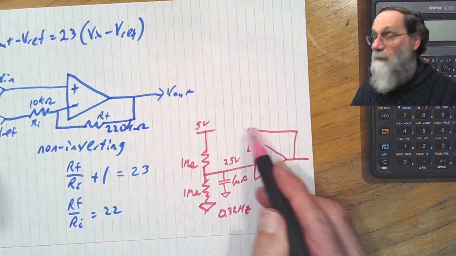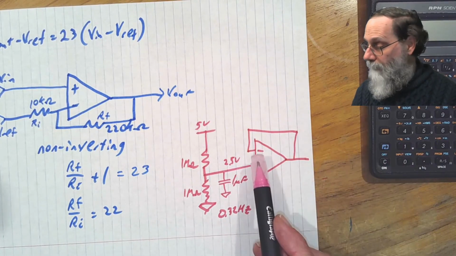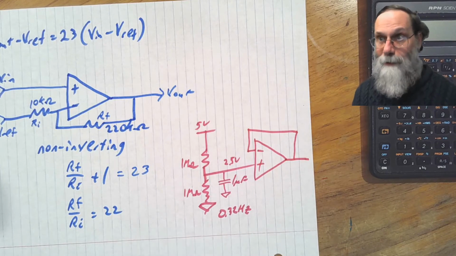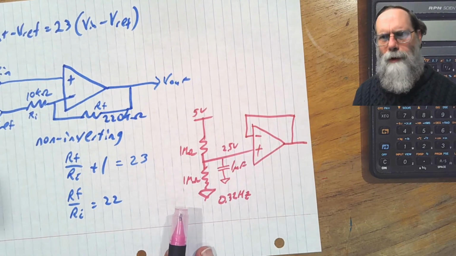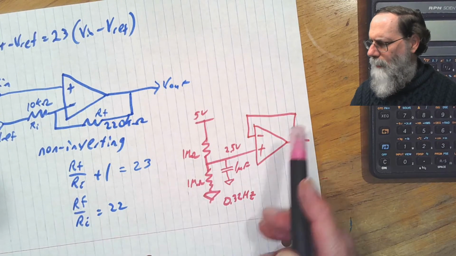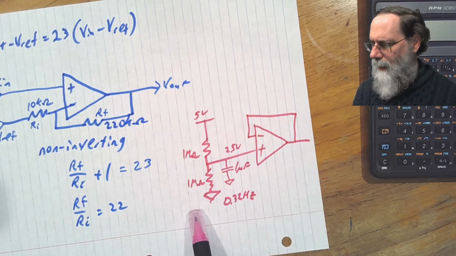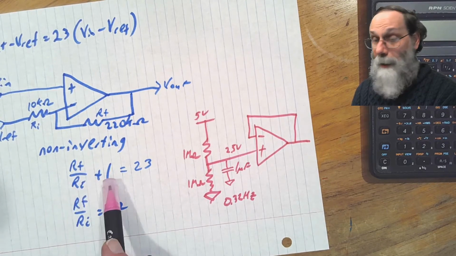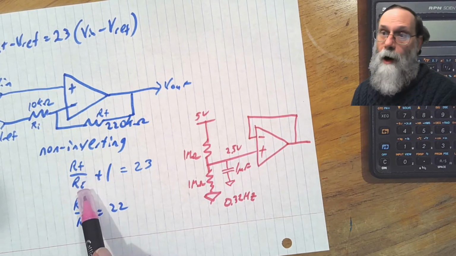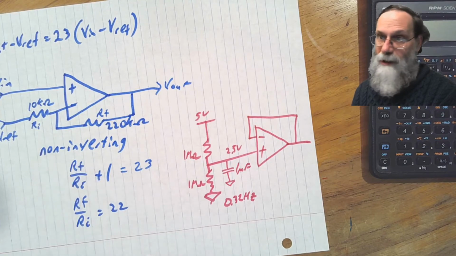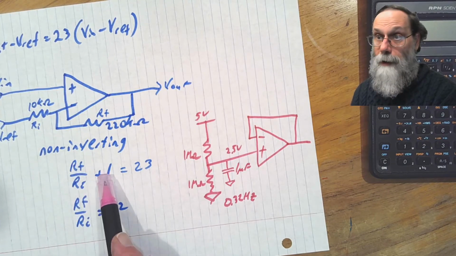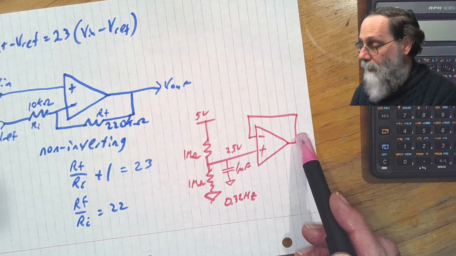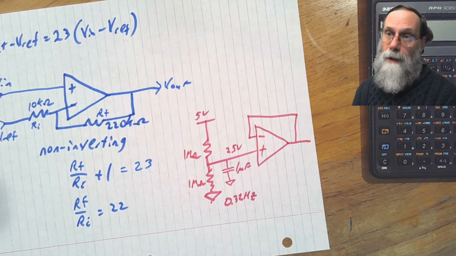So this is a resistance of 0, and we have an infinite resistance to whatever our reference voltage is. What does that mean? Well, that means that the gain of this thing is going to be RF over Ri plus 1. RF is 0, Ri is infinite, so 0 over infinity is just 0, plus 1. The gain is going to be 1. And that means the output here is going to be the same as the input.